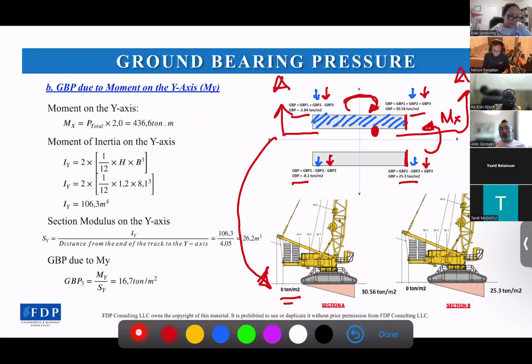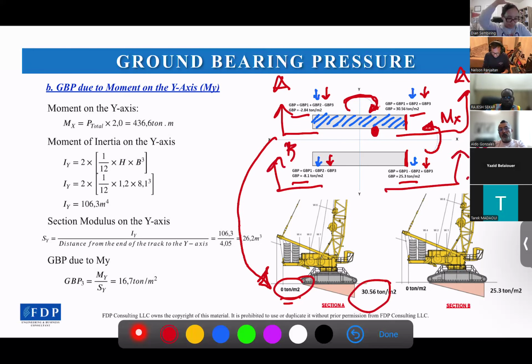It shows us that it will start to lose contact with the ground. So that's why I put 0 here. Totally understandable. And then the front is 30.56 ton per square meter, and it will be the same as the other track here. Let's say it's section B, and then it will be like this.